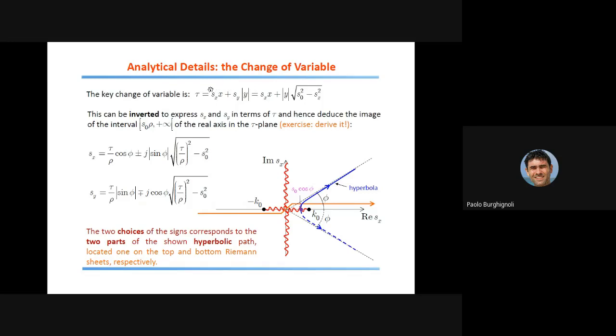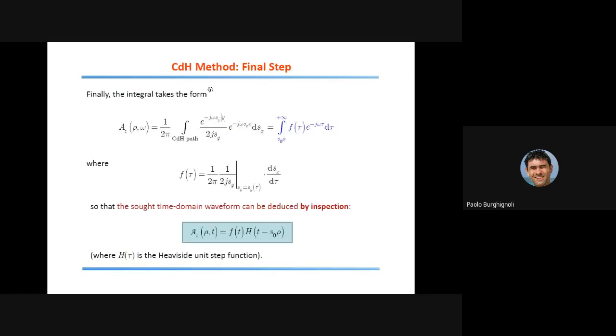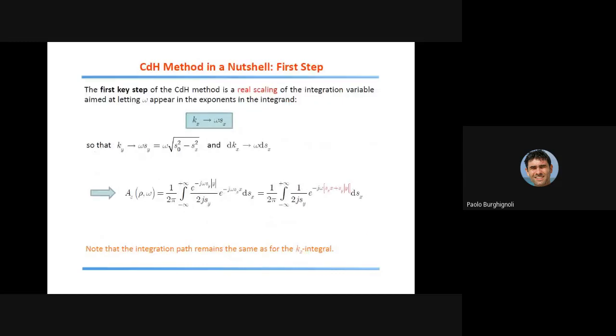This comes from the form of the original integrand, that is explicitly this one, in which we have collected everything in a single exponential, and in the exponent, what multiplies minus j omega is what we will call tau, okay?